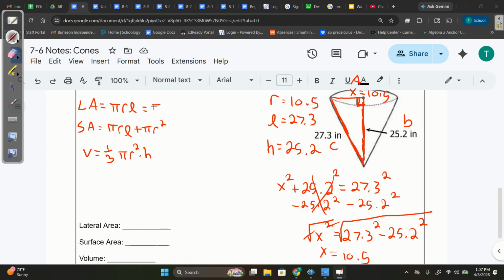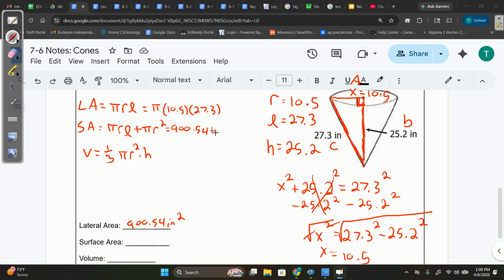So there's going to be pi times the radius of 10.5 times the slant height, 27.3, which gets me 900.54 inches squared. Plugging that in for the lateral surface area, I get 900.54.